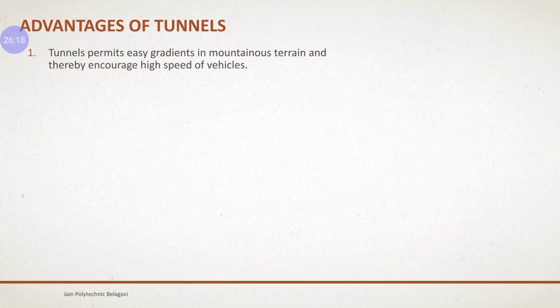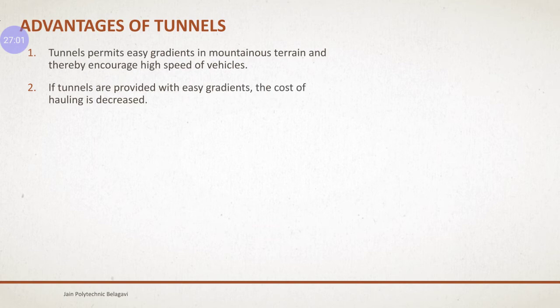The coastal areas are at a lower level, and the central portion is at a higher level. So when you come from the higher level to the lower level, you have to cross these ghat sections or mountainous terrains. For that, you have exceptional gradients, very large hairpin bends, and huge steep roads. To overcome all of those, we provide the shortest route through the mountains, a straight, easy gradient route. That is only possible in the case of tunnels.